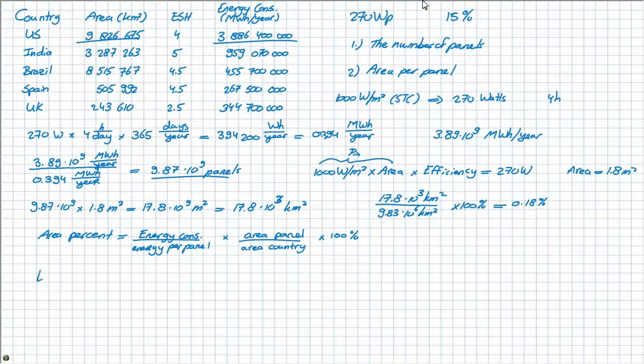So you have energy per panel is 217 watts times 10 to the minus 6, I'm going to do this in megawatts, times the equivalent sun hours times 365 days in a year will give you the energy per panel. Now if you do this calculation for all countries, you get these percentages.